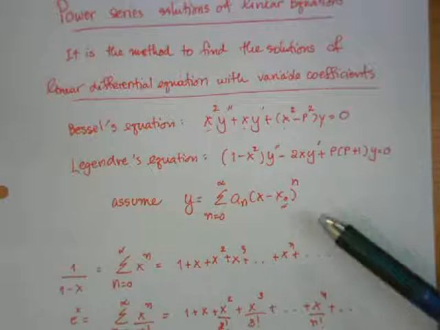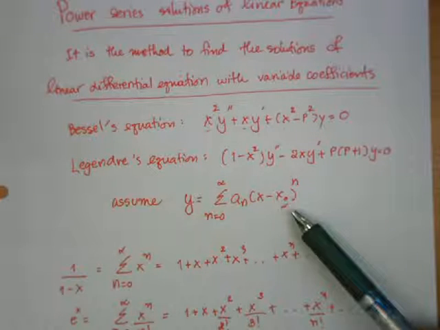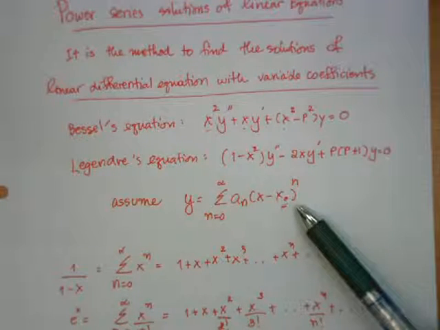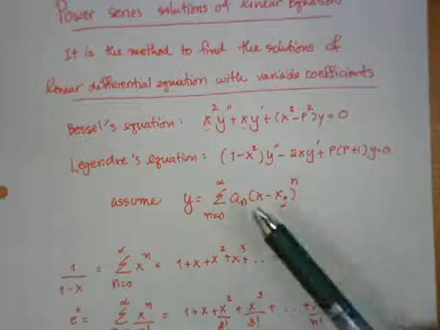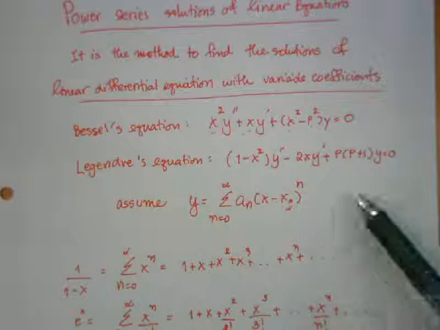For the power series, what you have to do is just assume the answer of the differential equation in the form of a power series: y is equal to the summation of a_n times (x minus x0) to the power n, where n is from 0 to infinity. That is the assumption that we put there.